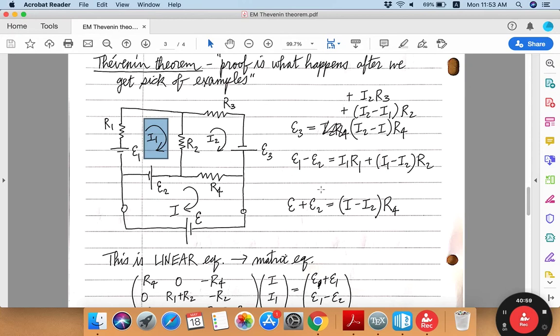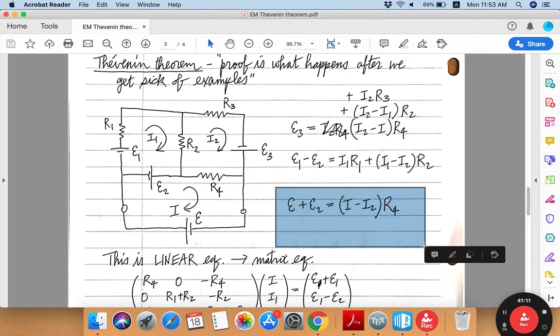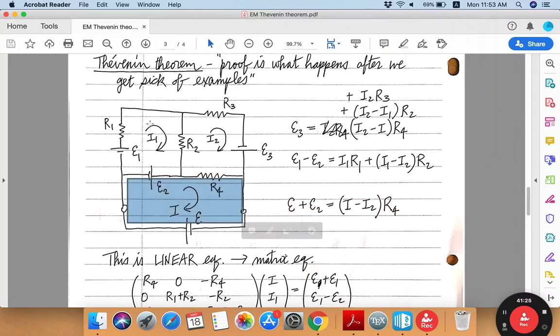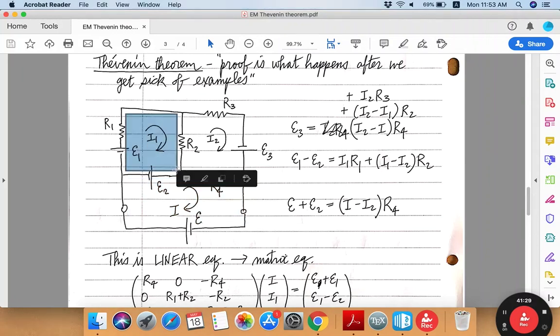So I'm going to start writing down the loop equations one by one. For this loop, for example, I have this equation. Each term is something you can just read off by looking at these different components of the circuit that forms this loop here. And for this loop, I have this equation.